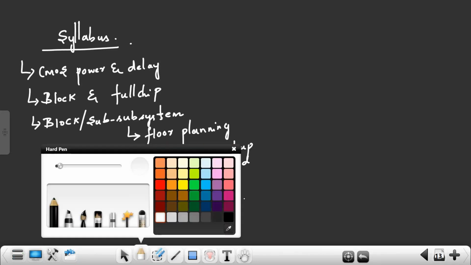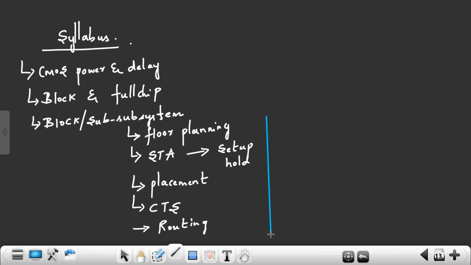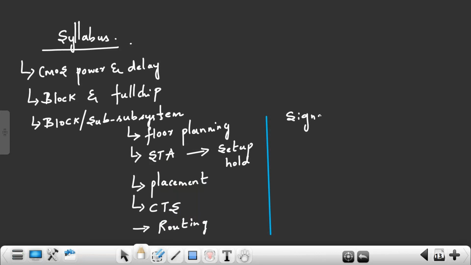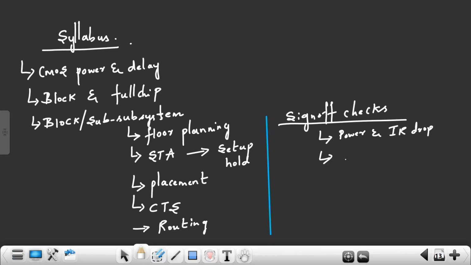After that, we discuss sign off checks, the final checks. Sign off checks include power and IR drop, and STA, static timing analysis. Finally, we have to check STA after routing. Next, physical verification, PV.